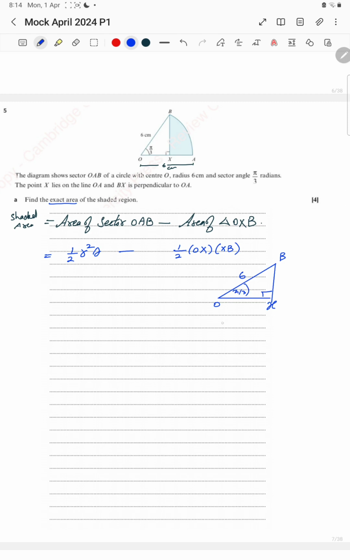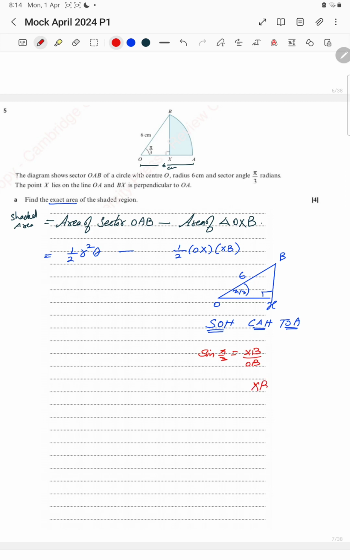So by using SOH CAH TOA, any one of these identities, here I will apply SOH: sine pi by 3 will be opposite upon hypotenuse. It means XB over OB.